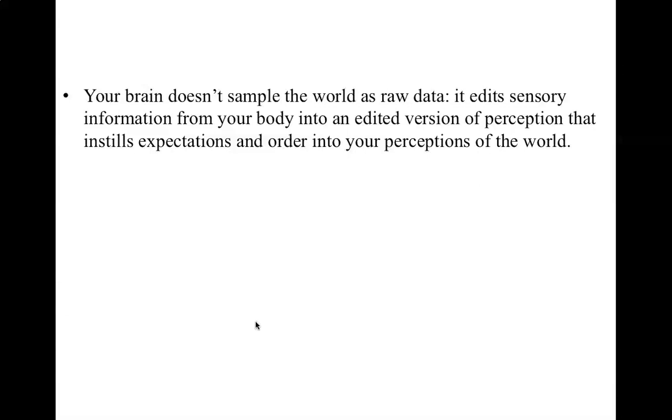Maybe you can hear cars driving down the road, but you didn't really hear them until I mentioned it. Your brain is editing the data that's coming into it, and it's creating a perception of the world that you're experiencing, but it's an edited perception, right? And so again, your brain can be tricked and your perception can be influenced in some really interesting ways.